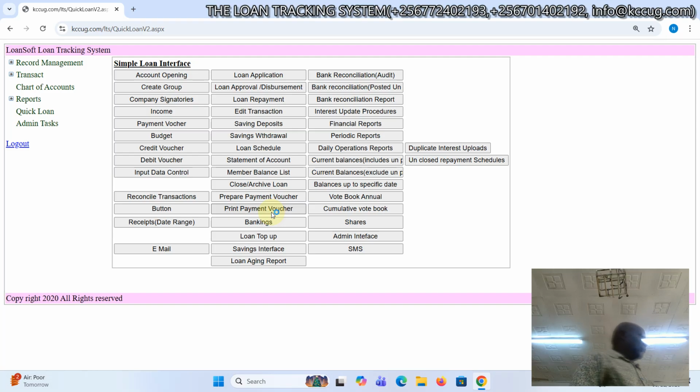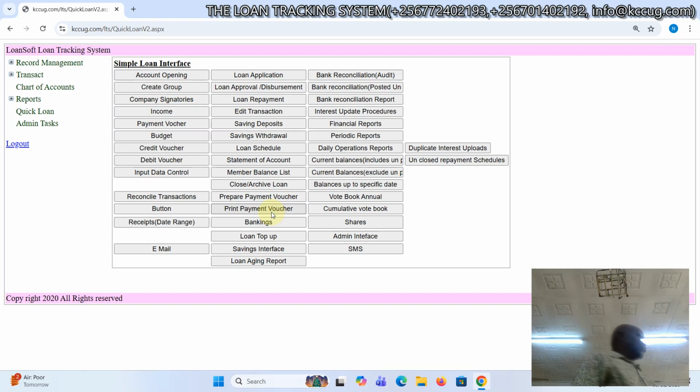That was one form of effecting loan recoveries, but also managing shares and savings deposits. We saw how the system can accrue interest such that any interest that falls due is updated onto the member's loan account. We saw how to generate a loan statement of account.